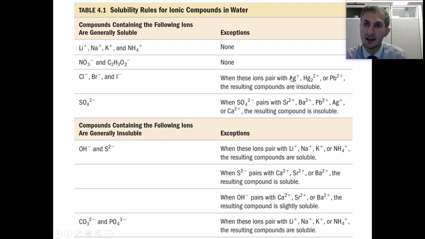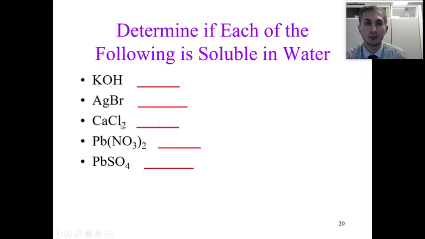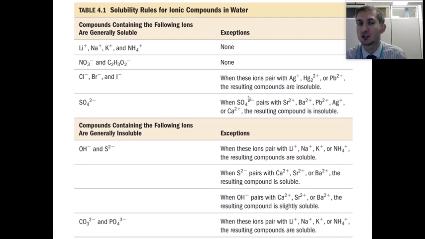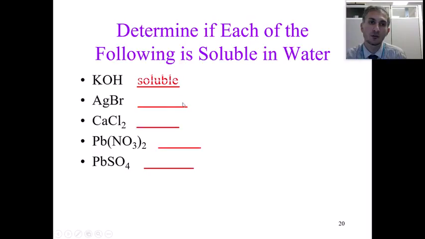So if we have silver with halogens, mercury with halogens, and lead with halogens, they make insoluble compounds. Look at this example, Ag with halogens. It means we may have an insoluble solid because these are the exceptions. Silver with that one makes insoluble. So I'm going to say insoluble.